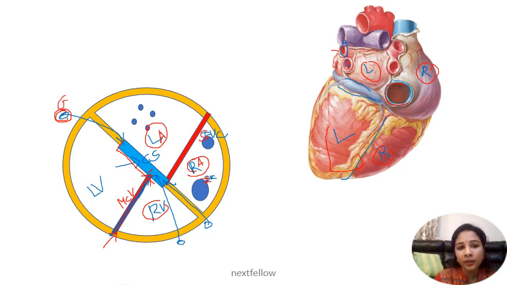This is the great cardiac vein, and this one is the small cardiac vein, which is the continuation of the right marginal vein. This is the left ventricular veins, and along with them there is one more vein from the left atrium called the oblique vein of the left atrium, and this one is the middle cardiac vein.